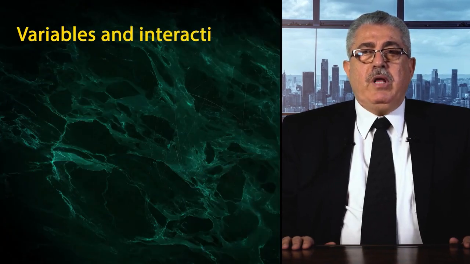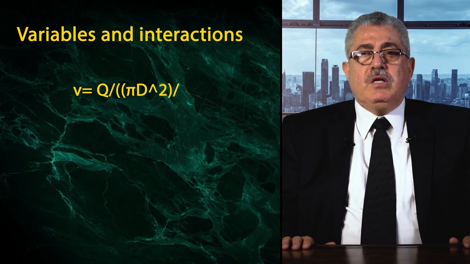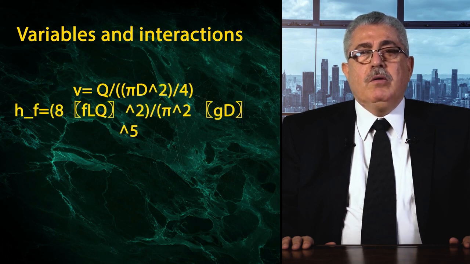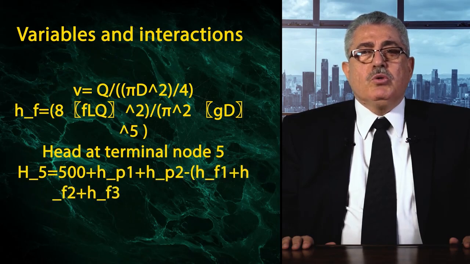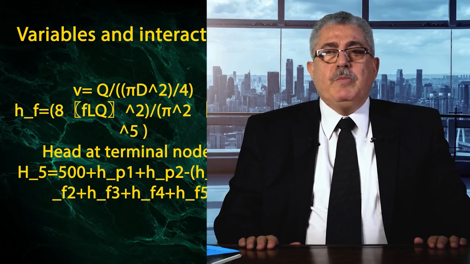Only 2 equations are used, one for velocity and the other for head loss as shown in this slide. Calculation of terminal node heads is also demonstrated for node number 5, where we follow the path from the source to the terminal node passing by the 2 pumps and pipes number 1 through 5.